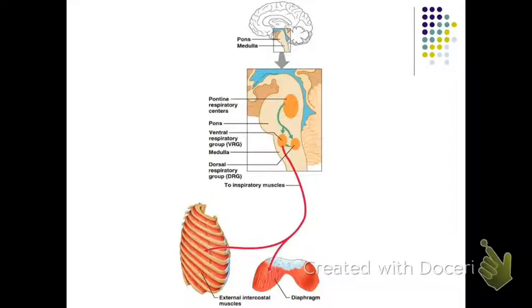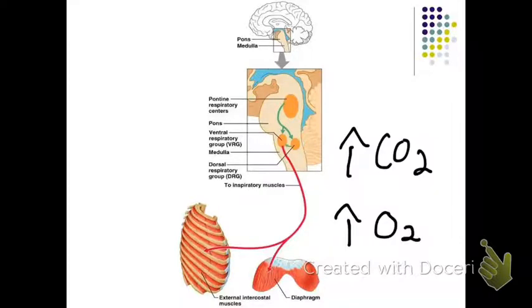And it is during this innervation that the nerves are able to sense the increase in CO2 in order to increase our O2 concentrations within the body.